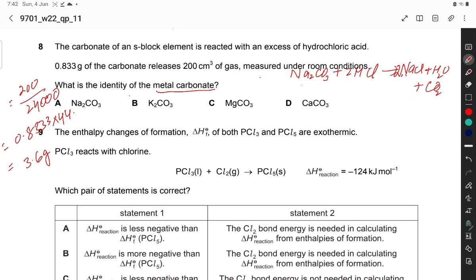So sodium carbonate is 46 plus carbon 12 plus 48, 46 plus 12 plus 48 is equal to 106. So 106 gram producing 3.6 gram of carbon dioxide.